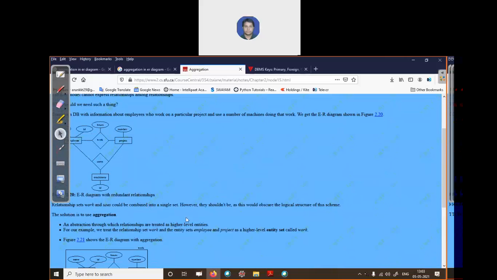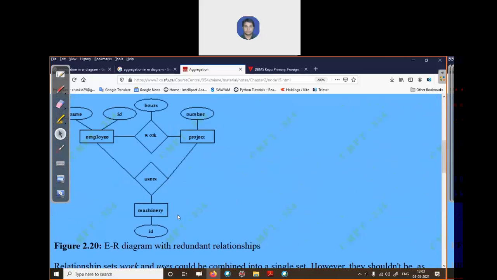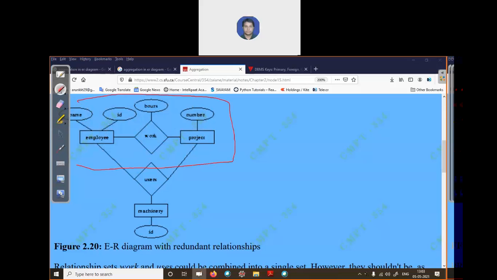Let's see this example here. Employee works for project. It has name and ID, and project has a project number. The employee and works are covered up into a single unit. Now we are showing this is one entity.